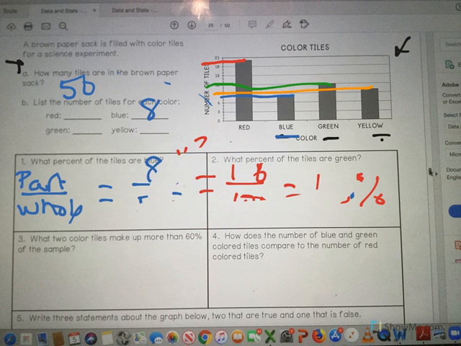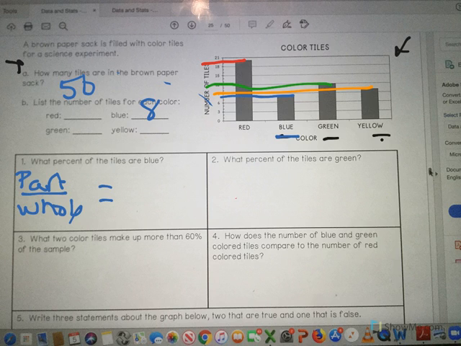I'm going to do one more. And I'll skip number 2 because I'm going to have you guys do it. But let's look at number 3. What 2 color tiles make up more than 60% of the sample? So just by eyeballing this, you could say, well, if I put blue and red, that's going to make a lot more than 60%, right?